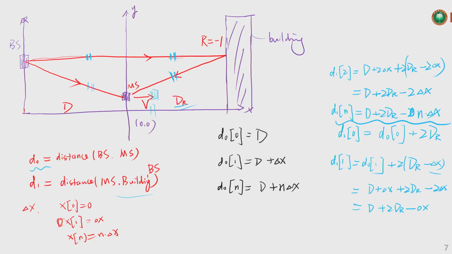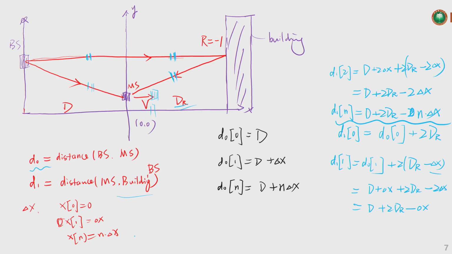So now we get the distance between the mobile user and the base station by 2 roads, right? The first road is line of sight, another road is non-line of sight. So we can get the expressions for the complex envelope.